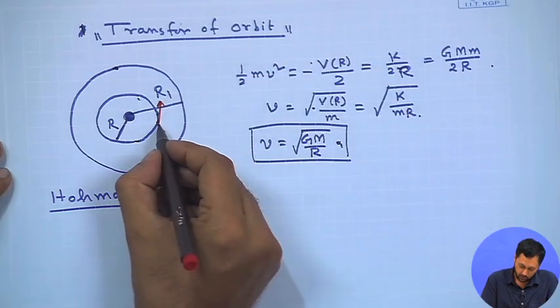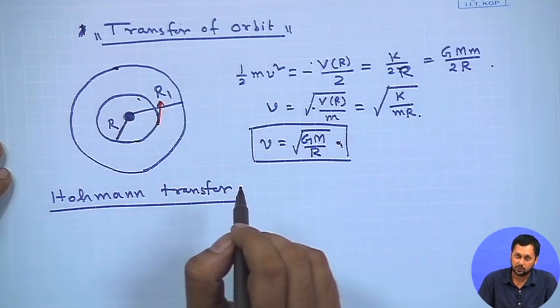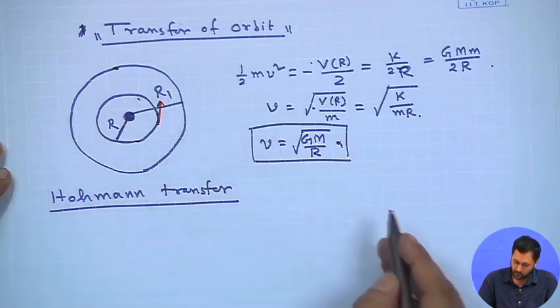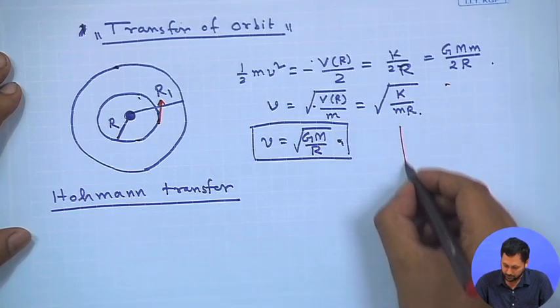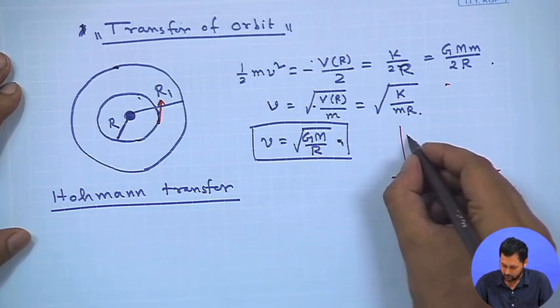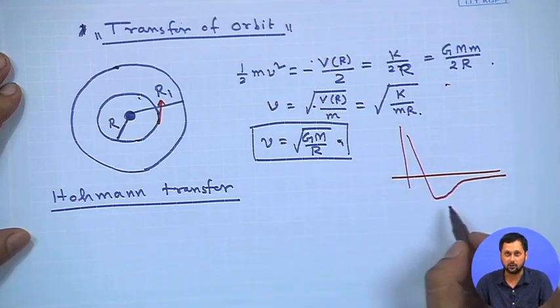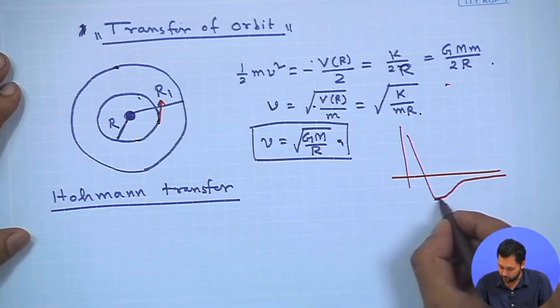Okay. Now, firing a rocket means you are putting additional energy into this system. If you recall from the equivalent energy picture, this is the effective potential of an inverse square force field. Circular orbit is here.